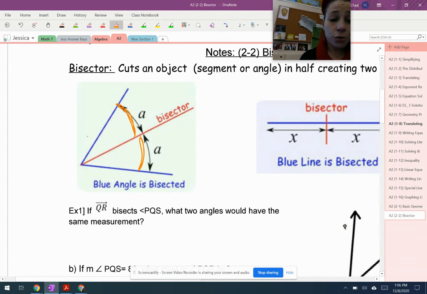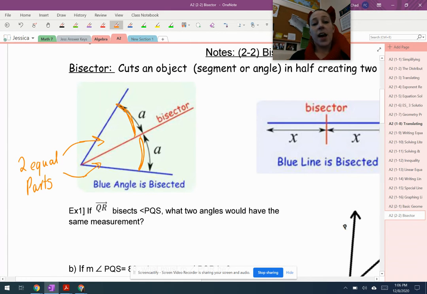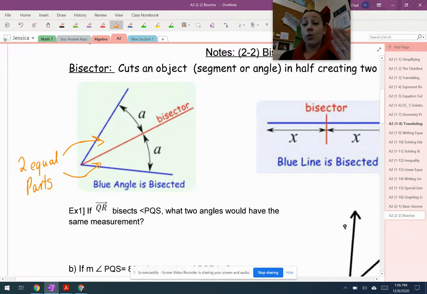These are two equal parts. That A is the same exact measurement as the other A. It's cut into two equal parts.